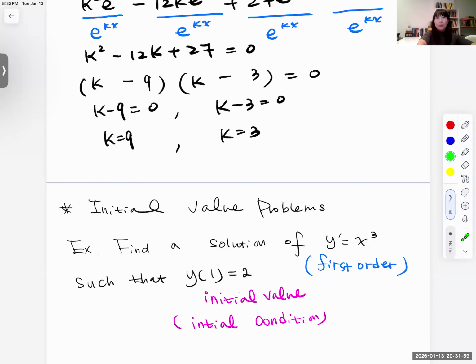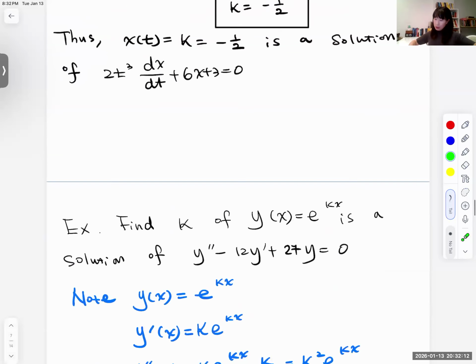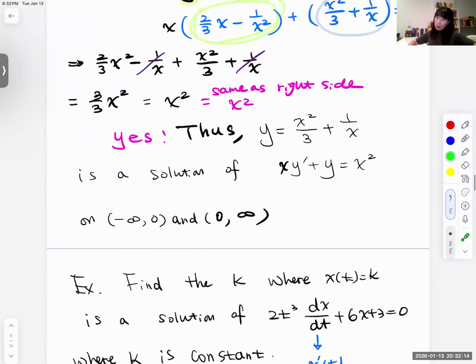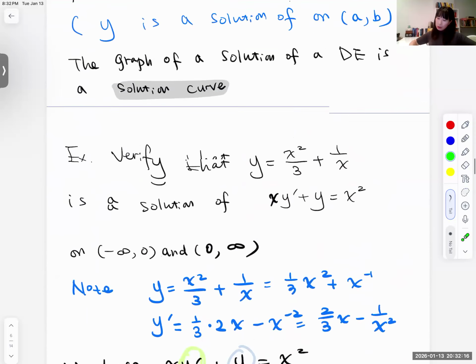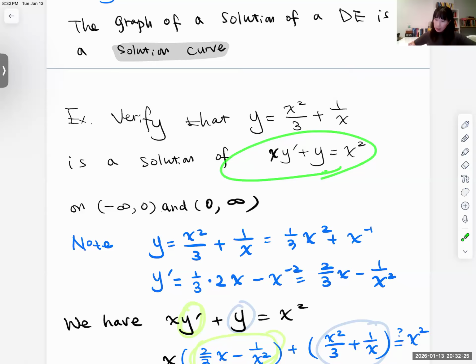Okay, how do you do it? All right, so y prime equal to x to the third power is given. Now, let's go back to the first example. Now we have a differential equation, right? And first order.